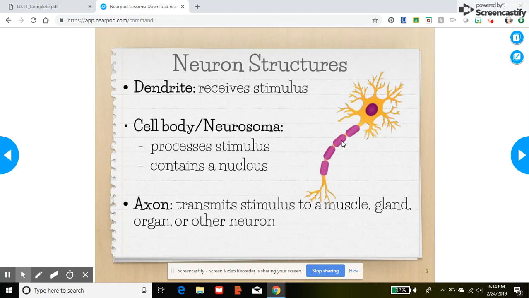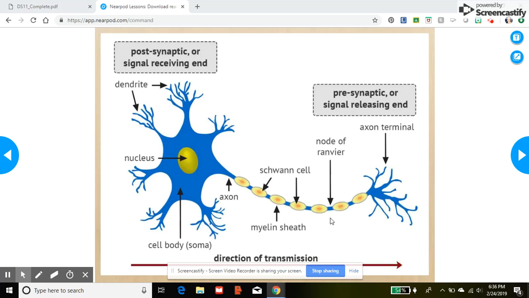And you'll notice these little purple things here on the side. This is myelin. And depending on where in the body your nerve is, it's going to have these little myelin sheaths that go over it. And the whole purpose of that is to actually speed up a reaction. And we'll talk about some of the diseases that are associated with not having myelin and what that can do to the body a little bit.